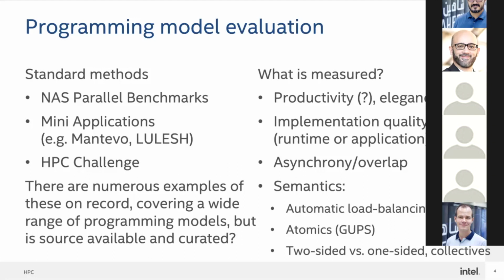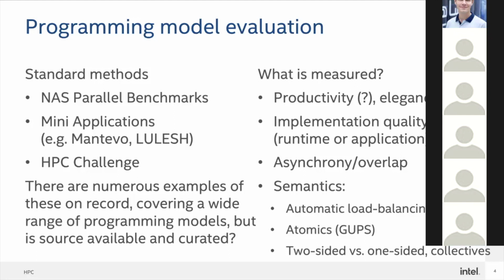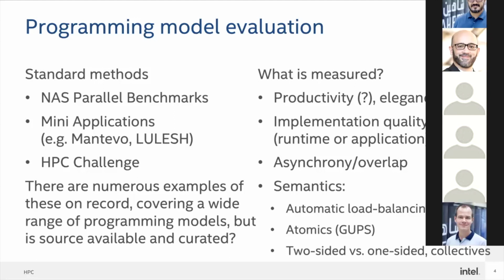So either a synchronization pattern or communication pattern that you would see in a more complex algorithm. But really by focusing on a very specific feature, you can make sure that that's what you're seeing, because that's the only thing you're seeing.